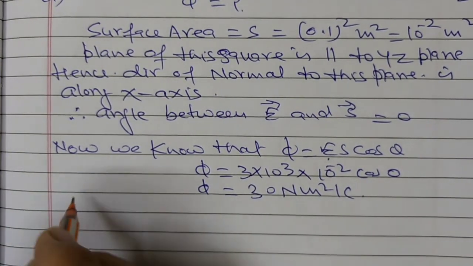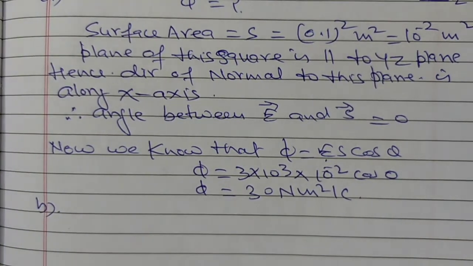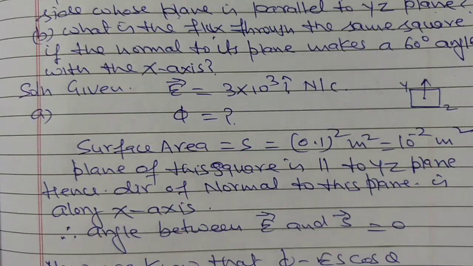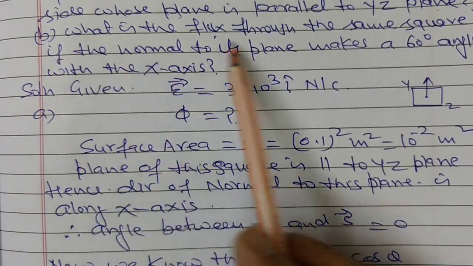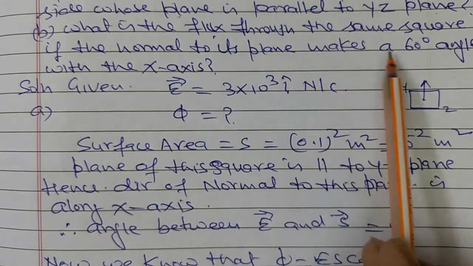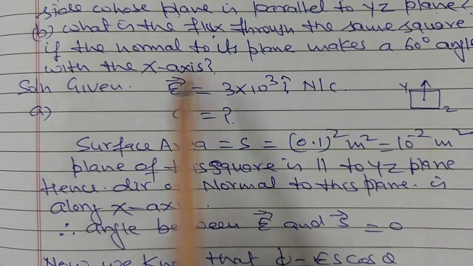Now, B part. In B part, it is given that the same square, if the normal to its plane makes angle 60 degree with the positive x-axis.